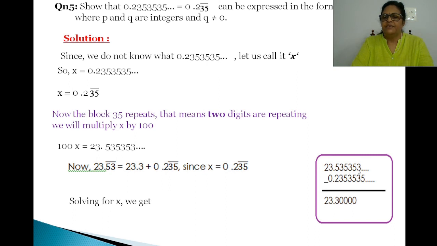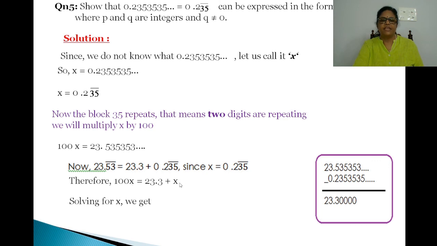Then 35, 35, 35 here, and here also 35, 35, 35. Infinity minus infinity is very close to 0, 0, 0, 0, so we will consider this as 0. We will get 23.3. So 23.53 bar can be written as 23.3 plus 0.235 bar. So 100x is 23.3 plus x.